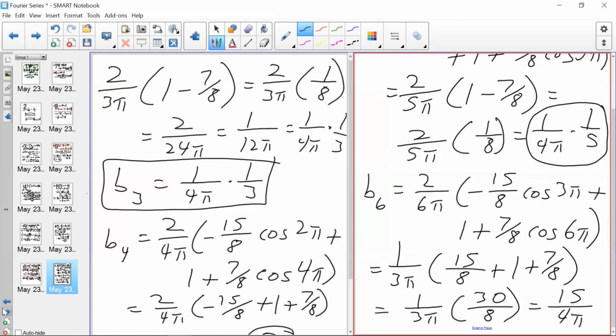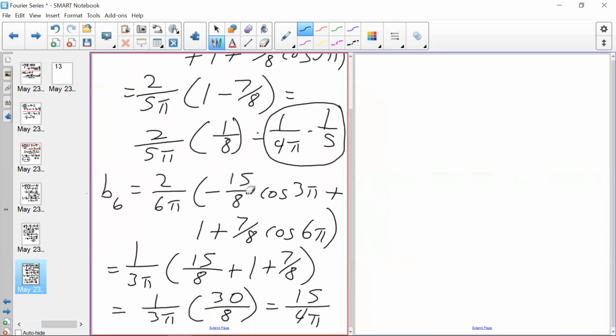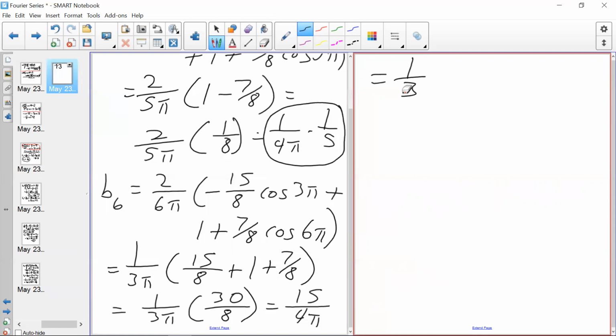4 pi comes back. And that equals 1/3 times 15 over 4 pi, 1 over 4 pi times 15 over 3, which is just 5.